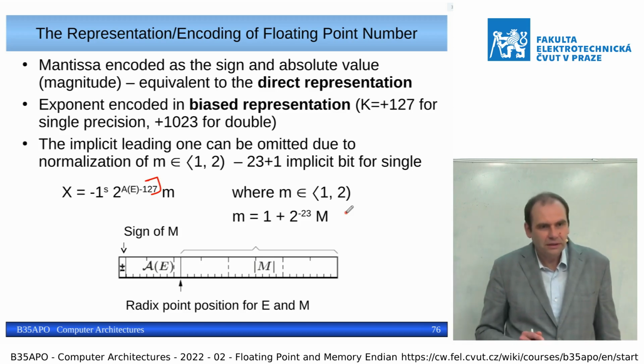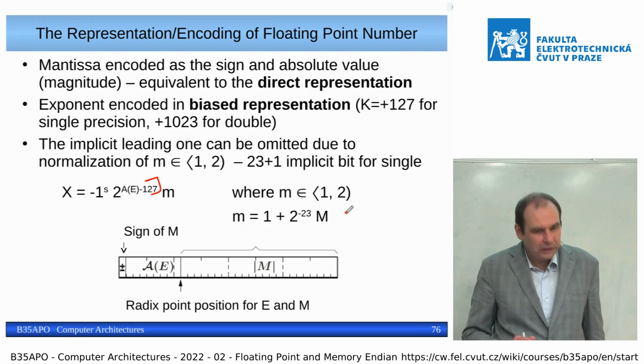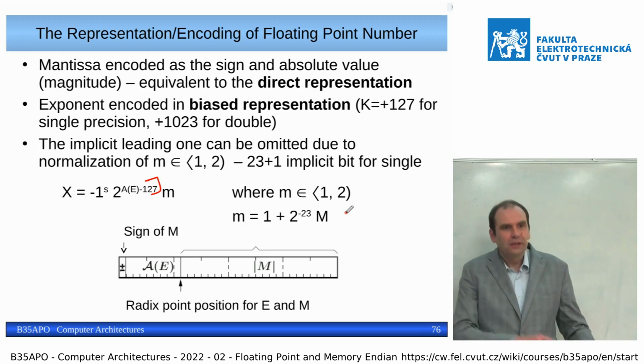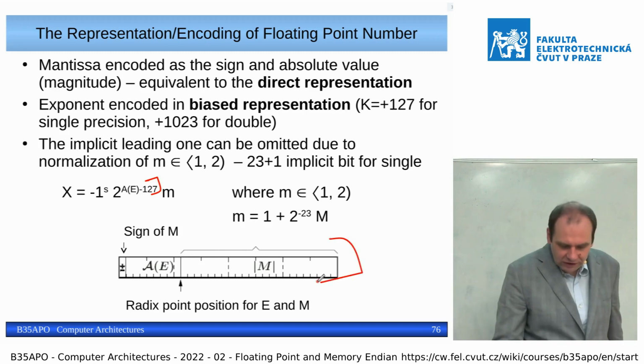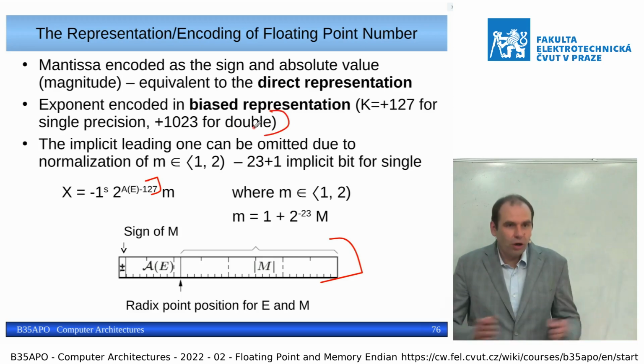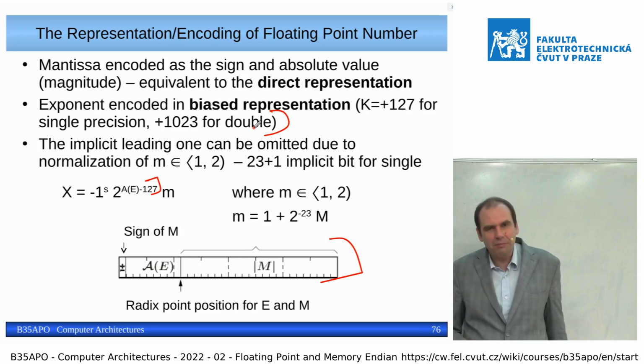Yes? Could you maybe do an example of this? Yes, we will go through the examples. So this is the theory. We will focus on this 32-bit representation. The excess is 1023 for double. It is all bigger, but the principle is the same. And for the exam, we have examples for this.